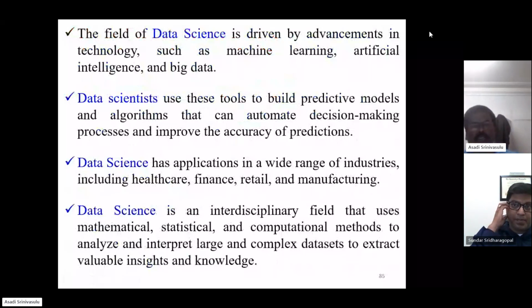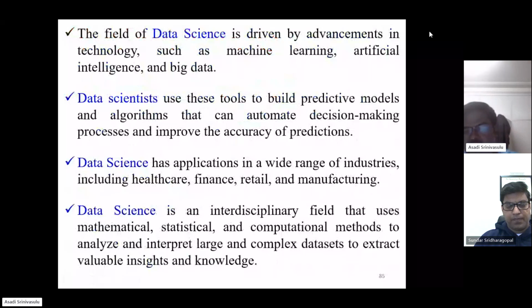That's why you can see a wide range of applications in data science, like the healthcare sector. Today I'm going to share 3 applications for your review, so that you can understand how easily we can perform any research. Then the finance related domain, retail industry, manufacturing.